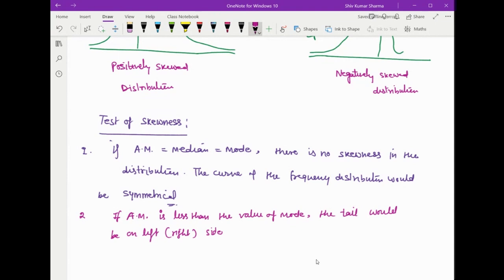That means the distribution is negatively or positively skewed.